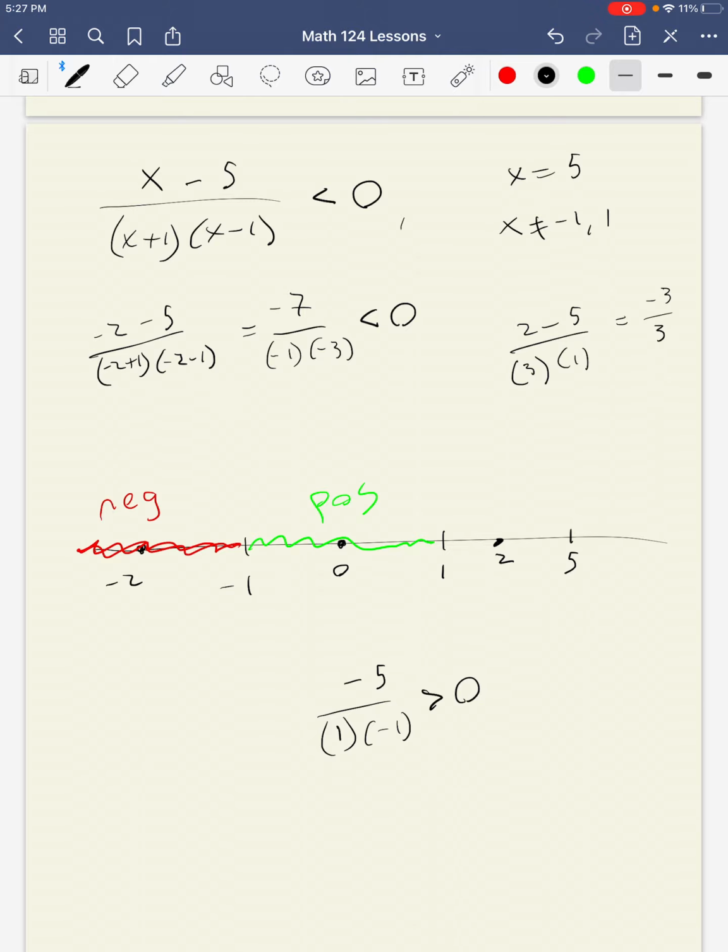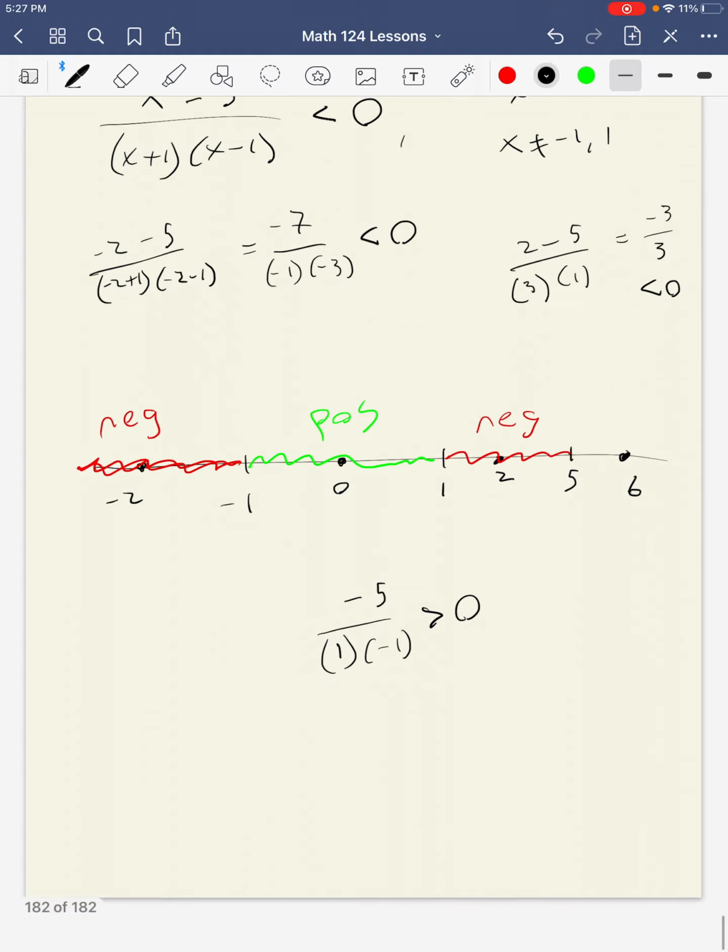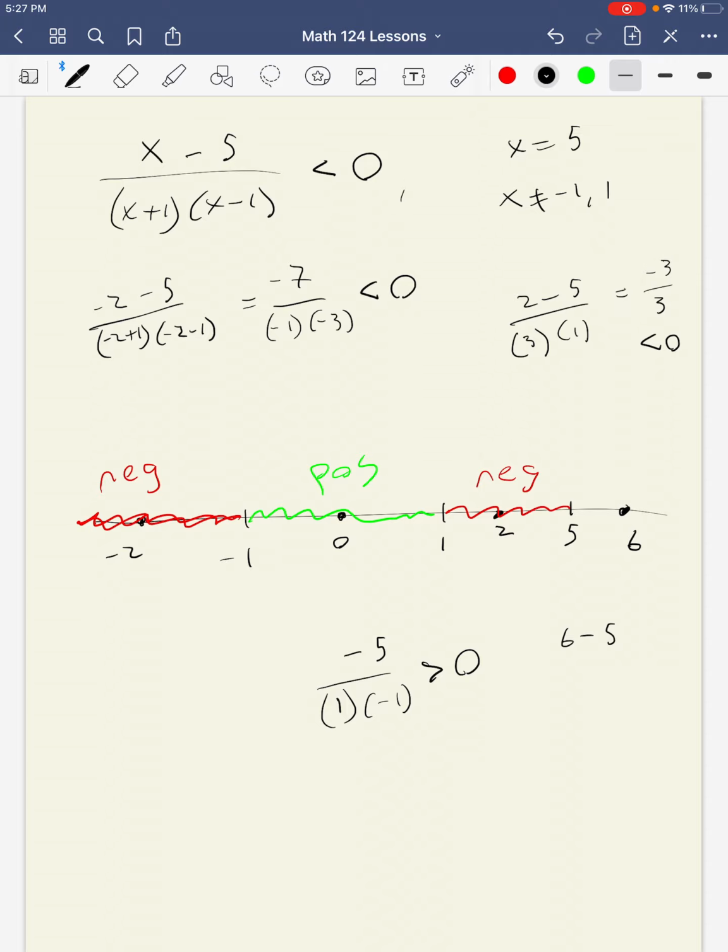Okay, so negative 3 over 3, negative. Negative results in here. Okay, plug in the number 6. We get 6 minus 5, 6 plus 1, 6 minus 1. Okay, positive, right? No need to even crunch the numbers, because who cares? Positive.